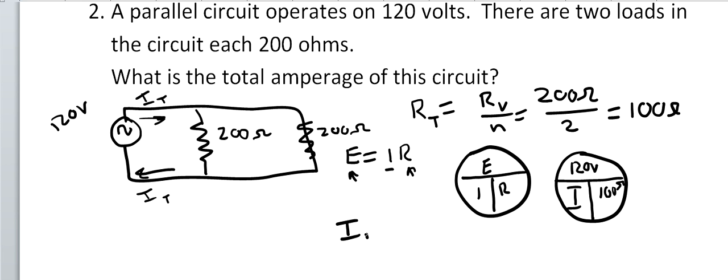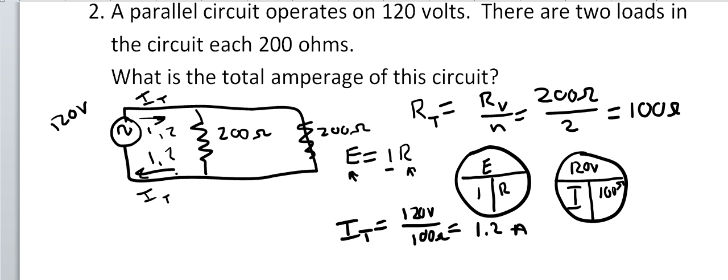So your total amperage will be 120 volts divided by 100 ohms, and that is 1.2 amps. So 1.2 amps is here, leaving the power source, and 1.2 amps returns.